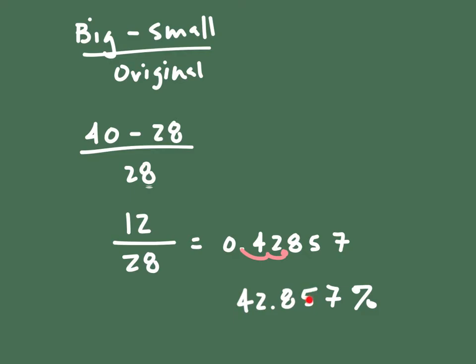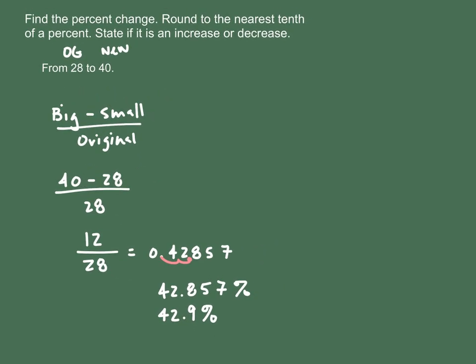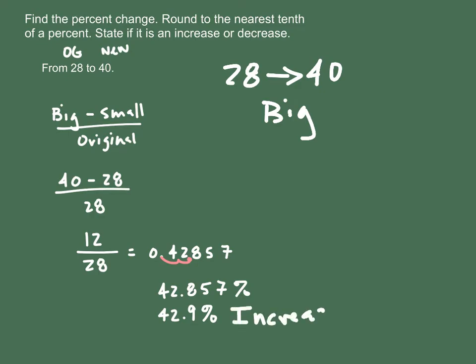Since that number is 5 and above, we're going to give this a shove. So our rounded answer is 42.9%. Now, because from 28 to 40, from the original to the new, this gets big, this is a 42.9% increase. And that's what we're trying to calculate.